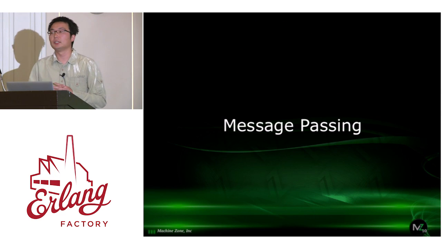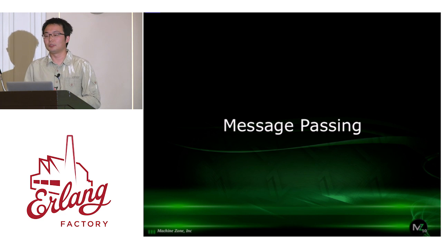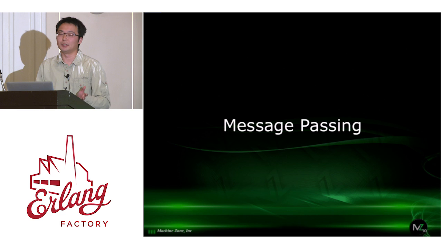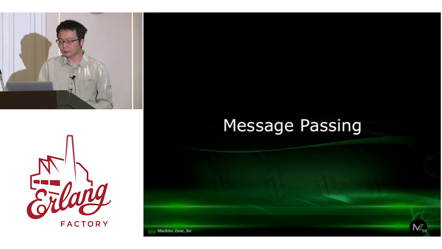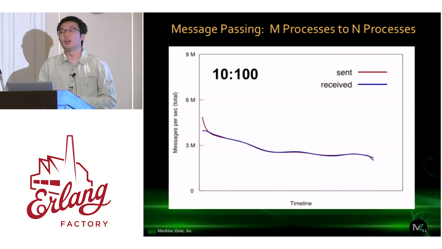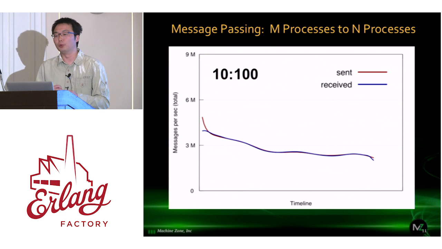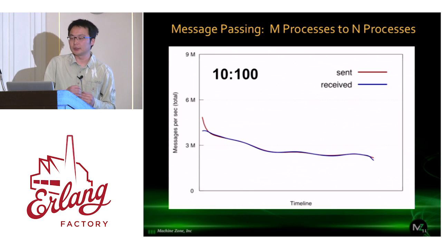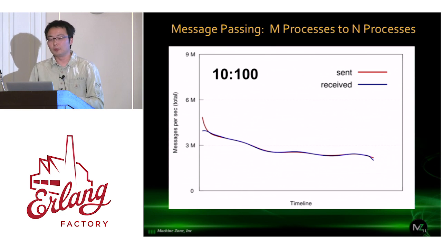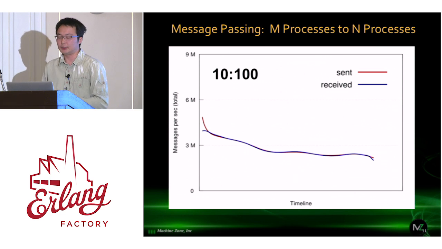So next is message passing. This is the most natural way of programming in Erlang, right? So we pass one message to another process. And we are also interested in how many messages we can push from one process to another process, or from M processes to another M processes.